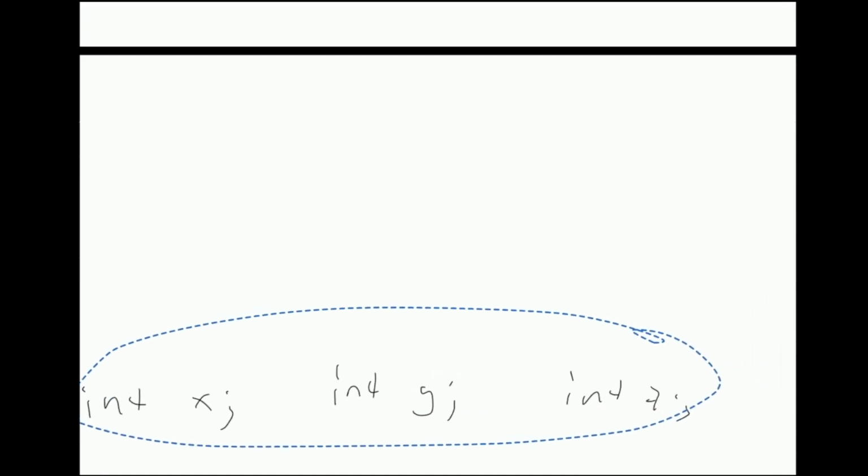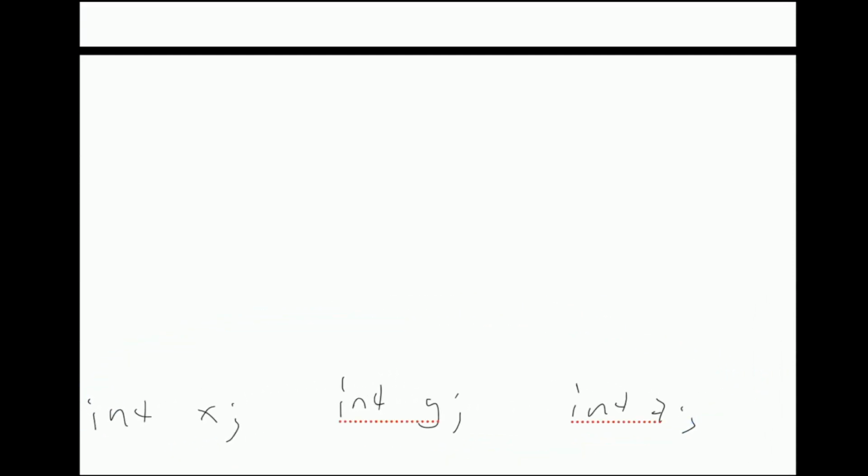Let's say we've got an input with 3 declarations in it. When our parser goes to recognize a declaration list, what are the alternatives for a declaration list?